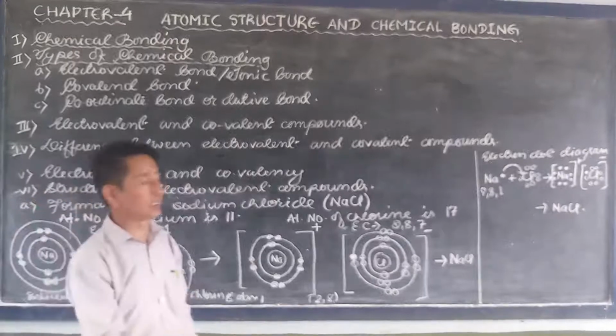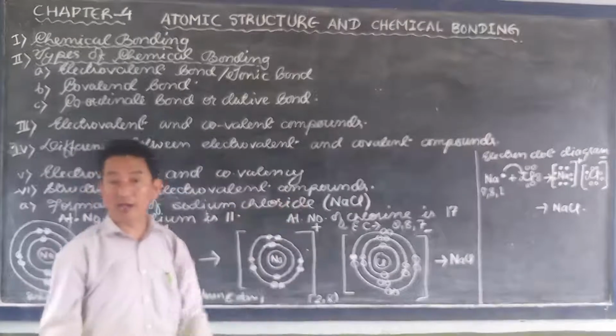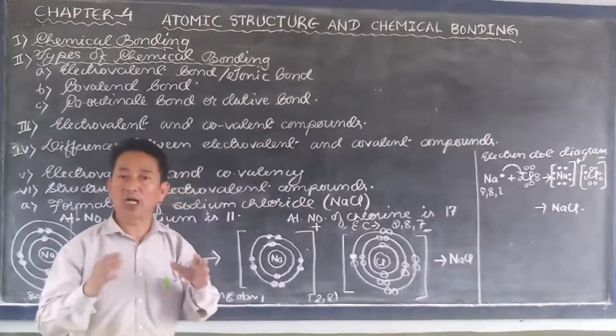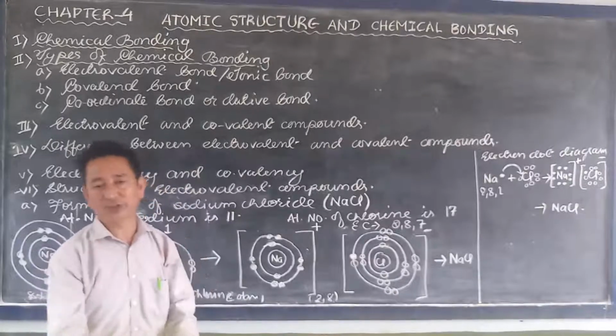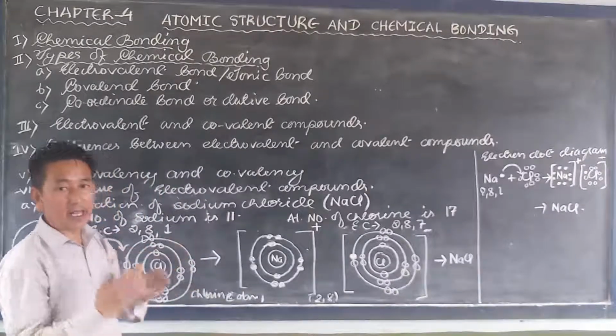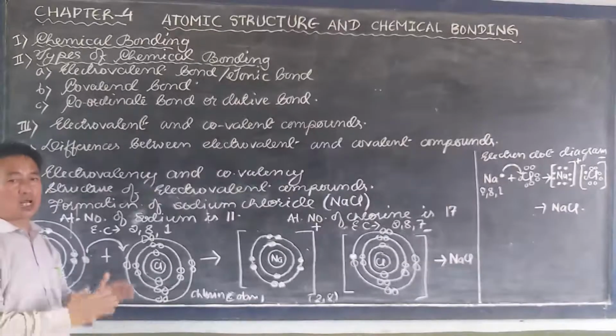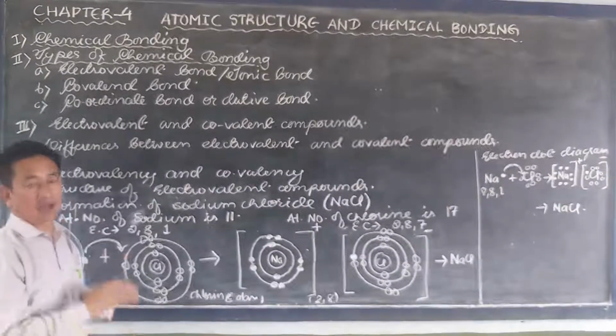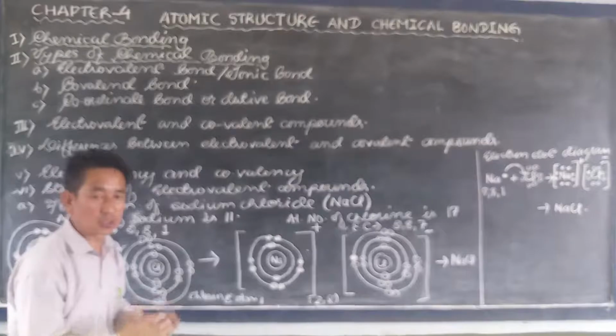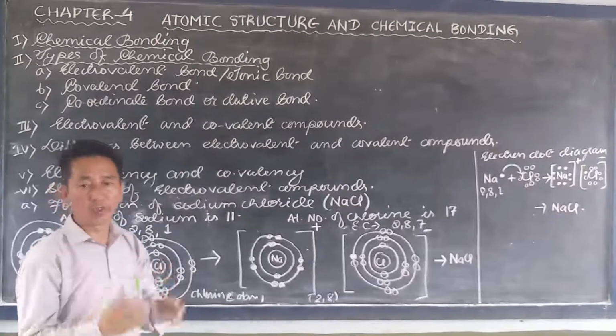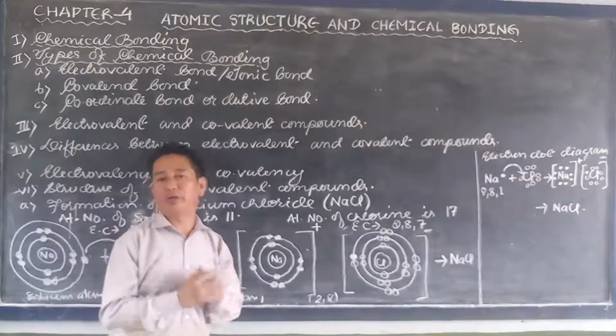Electrovalent or ionic compounds are good conductors of electricity when they are in aqueous solution or molten state. Aqueous solution means a solution in water. Molten means which is in hot liquid state.